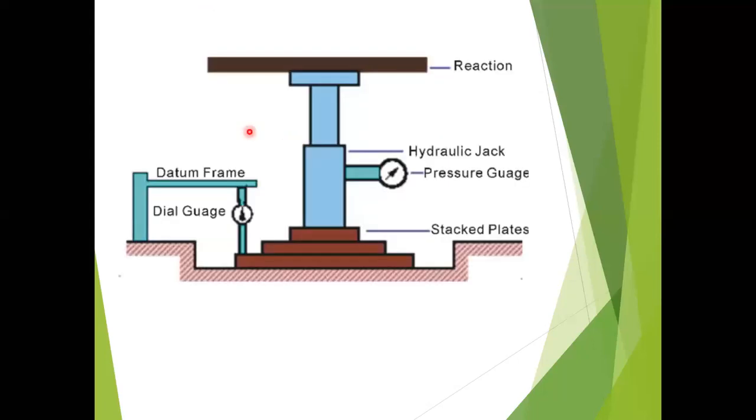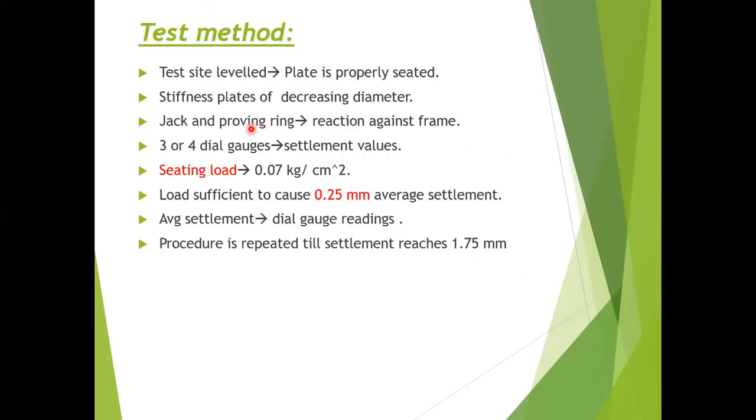Here there is a jack, a hydraulic jack you can call this. The jack will be placed above the stiffness plates. Okay, the jack and proving ring will provide the reaction against the frame. You are applying some amount of load, and against that applied load there will be a reaction.